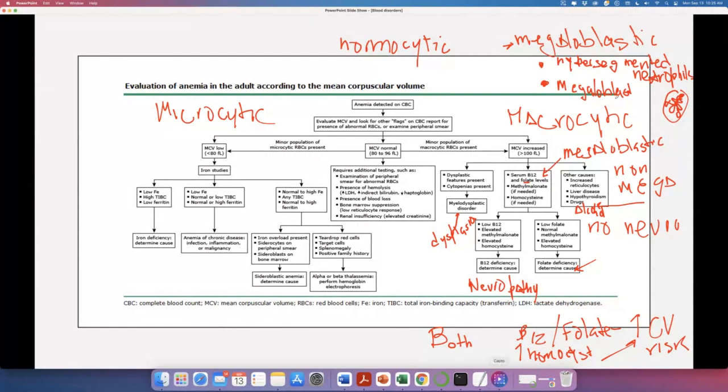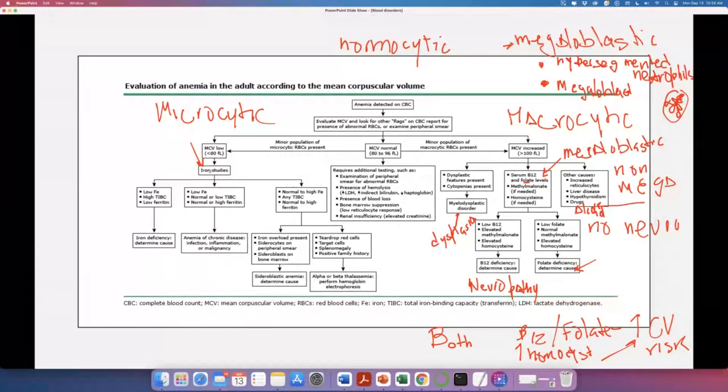Okay, that is the approach to the macrocytic anemia. Now let's go to the microcytic anemia. If your patient has a microcytic anemia, notice that we start with iron studies. In the case of the macro, we look at the B12 and folate.